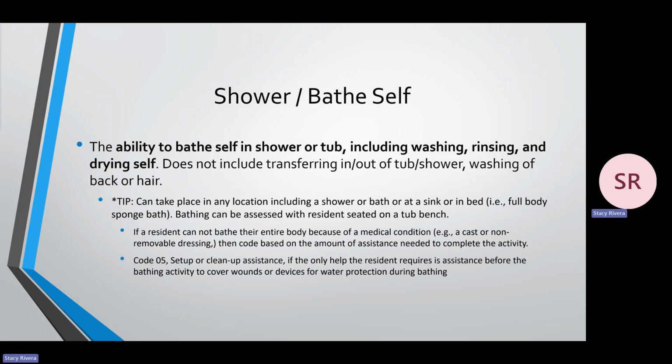Full body sponge bath. Bathing can be assessed with the resident seated on a tub bench. If a resident cannot bathe their entire body because of a medical condition, so they have a cast or a non-removable dressing, then code based on the amount of assistance needed to complete the activity for that item. Set up cleanup assistance if the only help the resident requires is assistance before the bathing activity to cover wounds or devices for water protection during bathing.